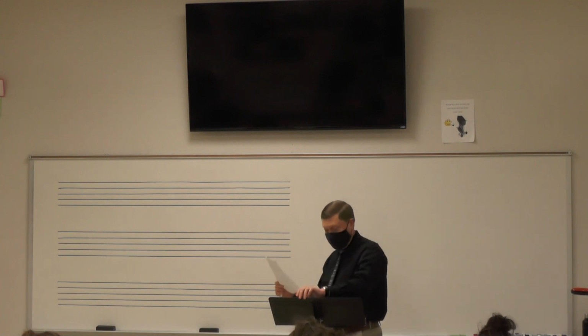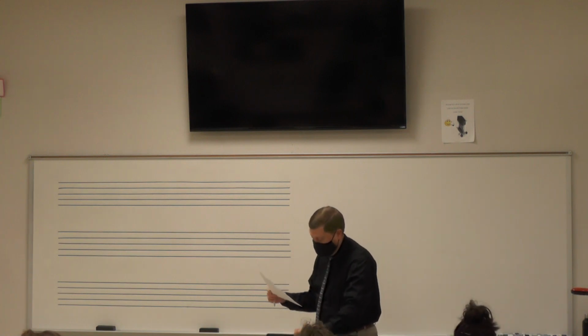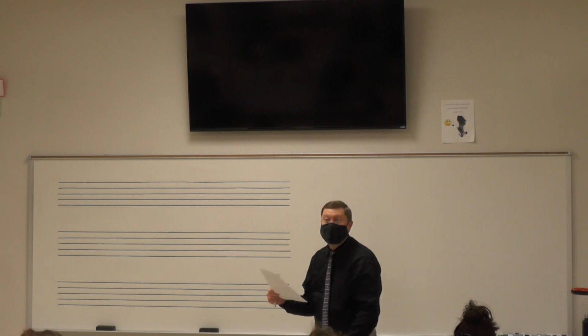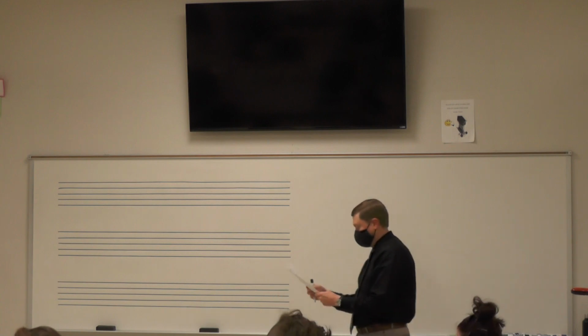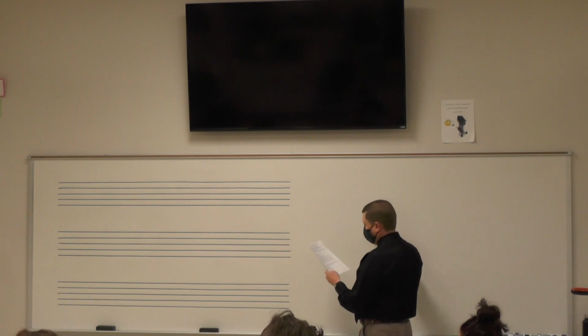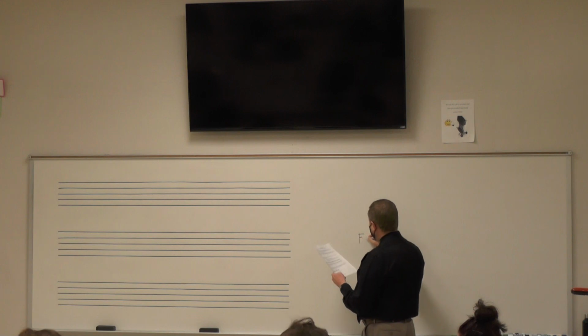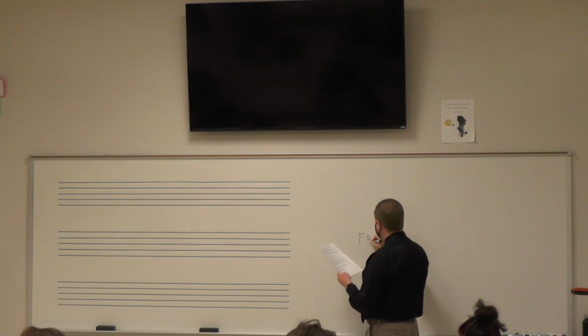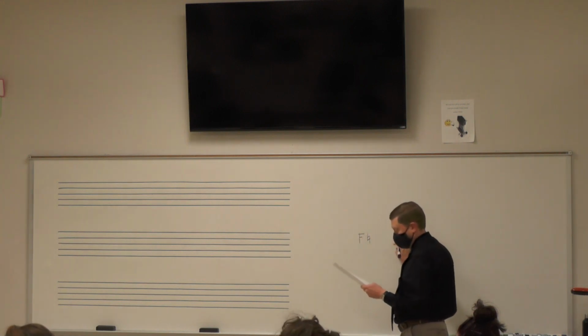All right, so one thing about this Beethoven example is that both staves are in the bass clef. So the second chord in the second measure has some octave Fs in the bass, F naturals.